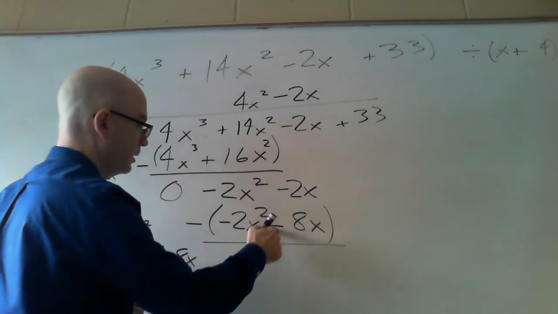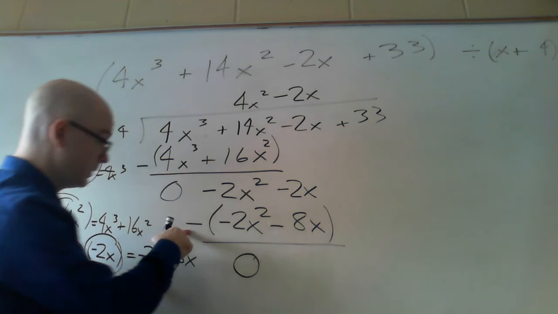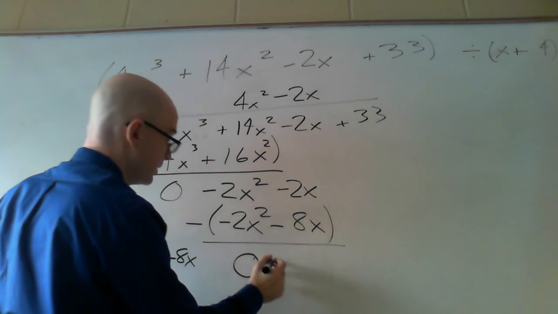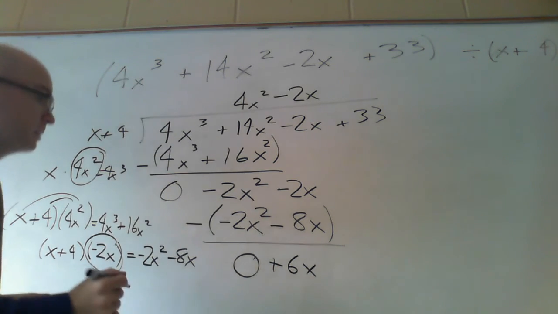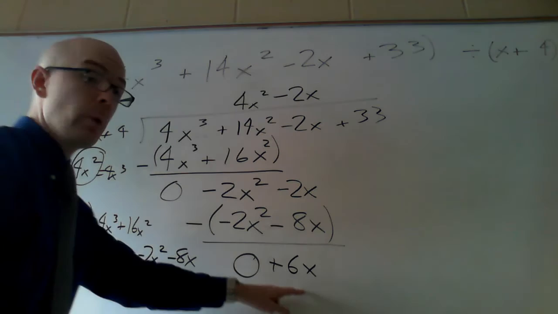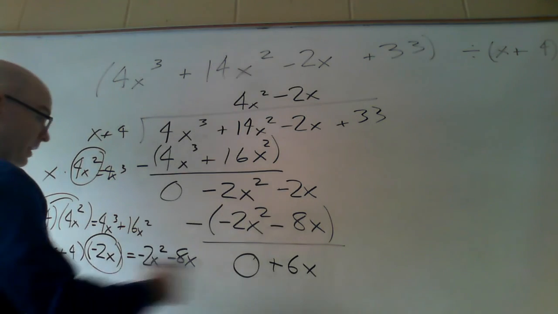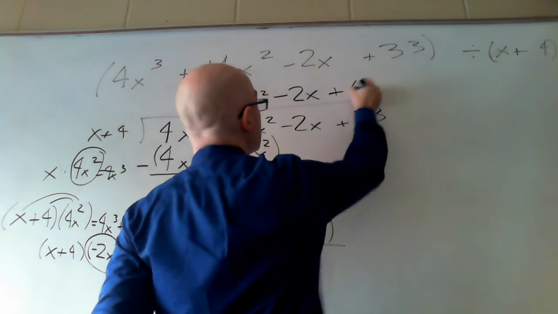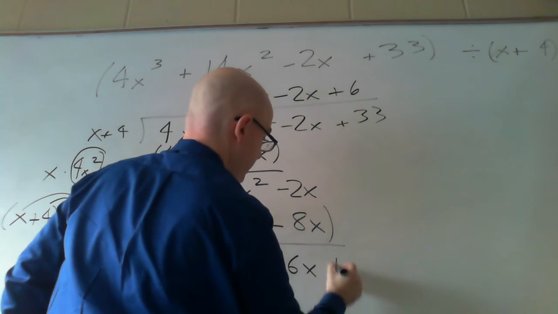This is a negative, but then it becomes positive because of this minus a negative. So that leaves us with plus 6x. Now I want to get rid of the 6x. So what can I multiply x by to get that? Well, that's just 6. Bring down the 33.